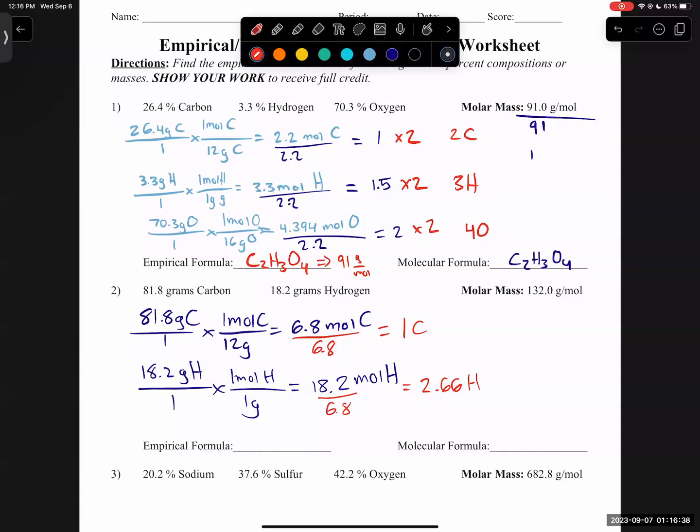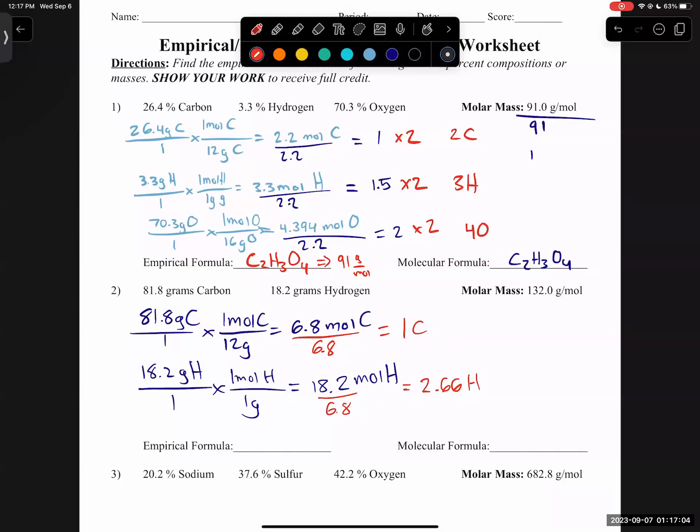I don't know if we want to assume that they give you these numbers to be multiplied to 2.66. It's too much of an assumption to bring it down to 2.5. If it's 2.49, which we'll see a lot, that's 2.5, you can round. But with something like 2.66, you're not going to want to round down to 2.5 or to any other number, okay?